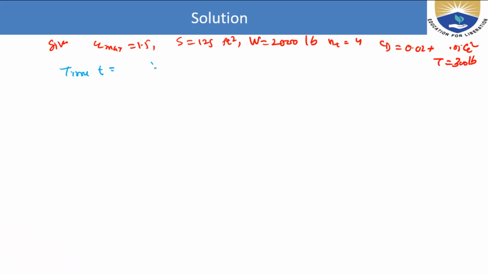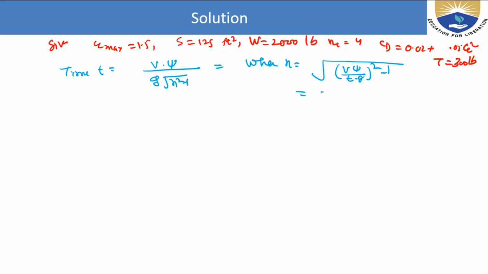We know that t is equal to V into psi divided by G under root n square minus 1, where n we can find out in this case. If we calculate, 125 into 11 divided by 8.59 into 32.2, square minus 1, you will get n is equal to 1.74.